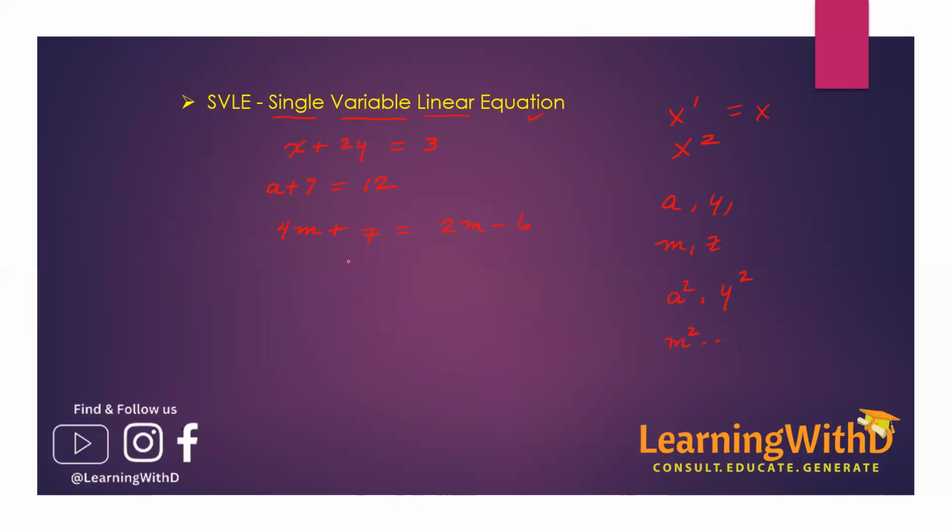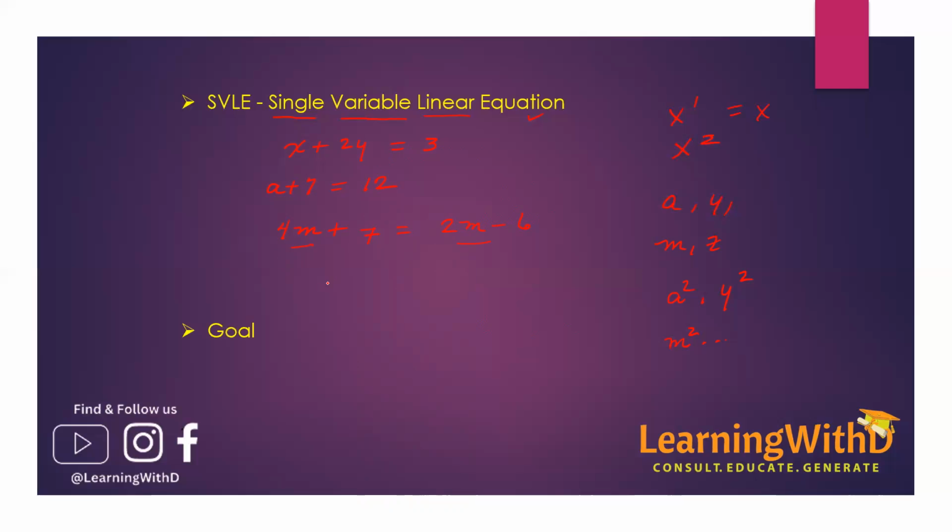I'm not asking you to do that right now. What I'm asking you to pay attention to is the fact that there's an m term here, and an m term here. But those are the same terms. We can group them, and we're going to learn how to group them. But it's still the same m. It's still the same variable. So it's still a single variable linear equation.